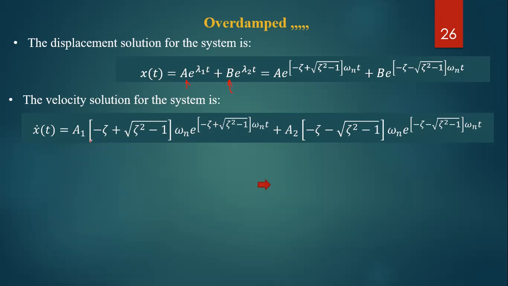So x of t, and x dot of t means the first derivative of the displacement. We can get this equation.